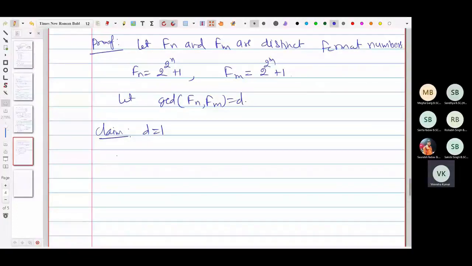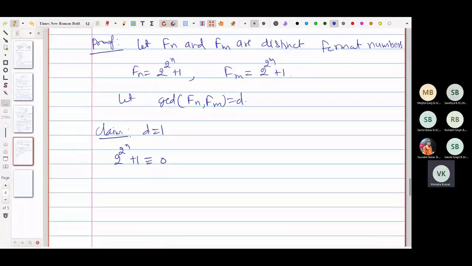Okay, so here 2 to the power 2 to the power n plus 1 is congruent to 0 modulo d. Of course, the congruence relation we will talk about later, but this much you must be knowing. I guess I gave a lecture on it while discussing group theory.